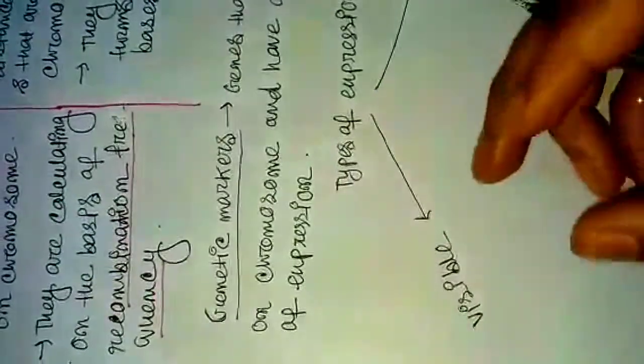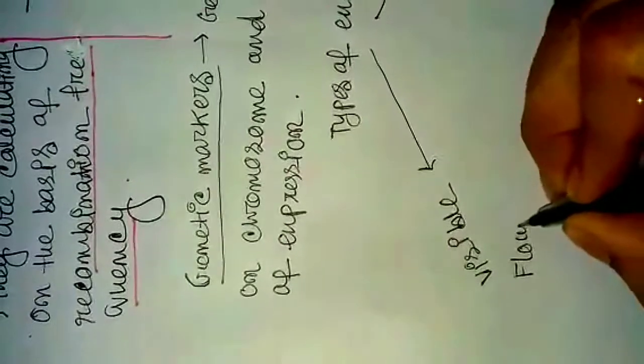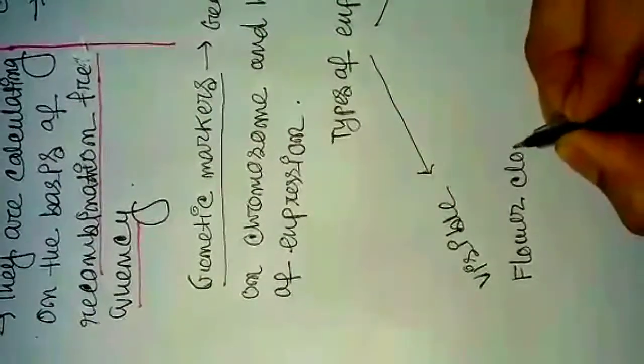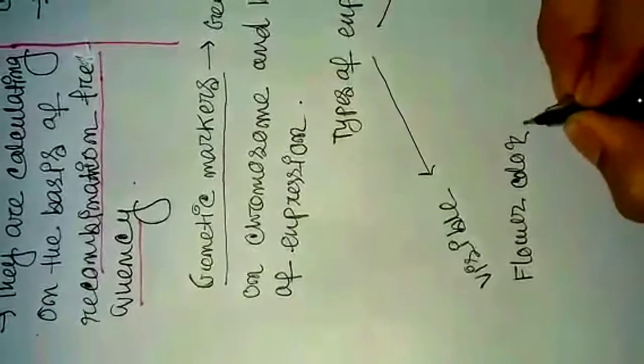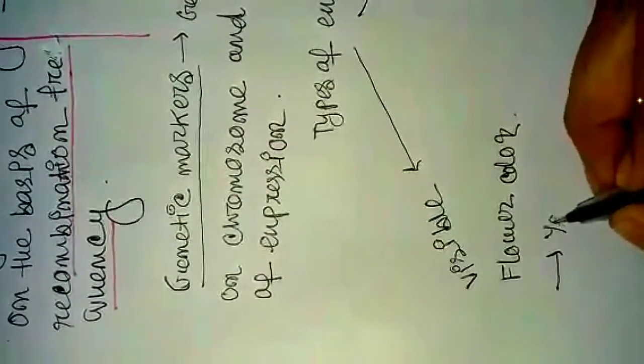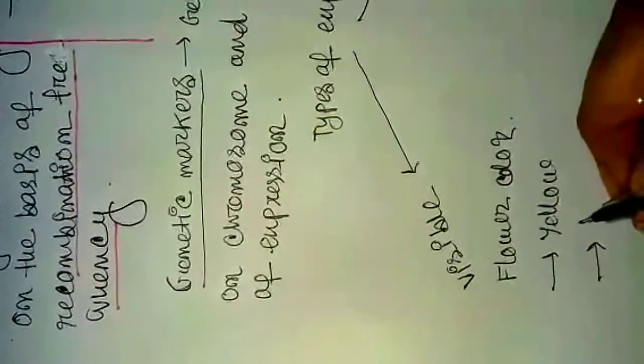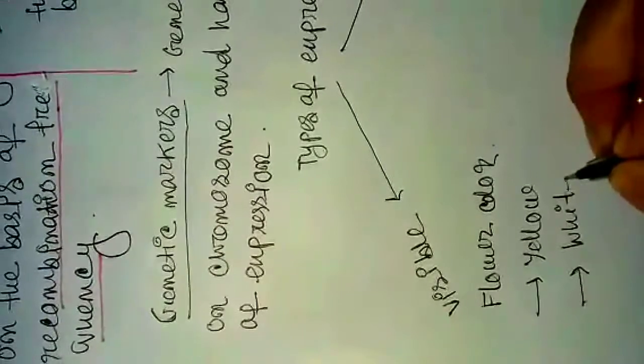Let us take an example of flower color. If the genetic marker is present, the flower color will be yellow. If the genetic marker is not present, the flower color will be white.